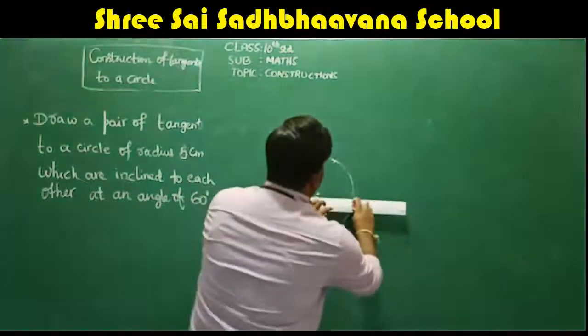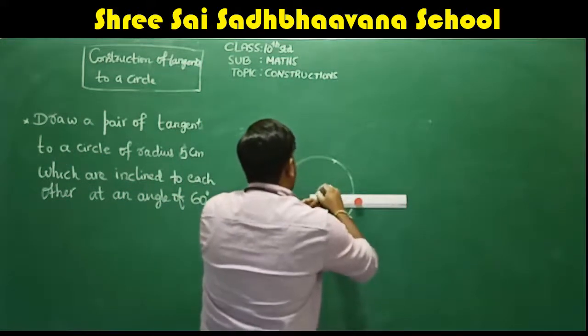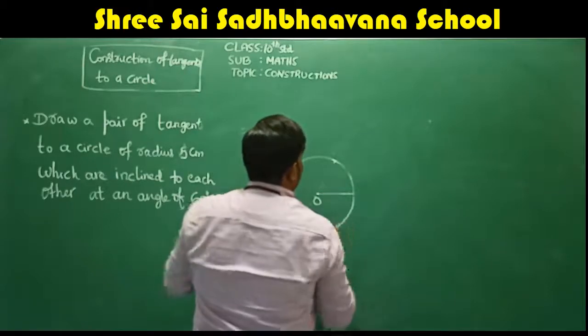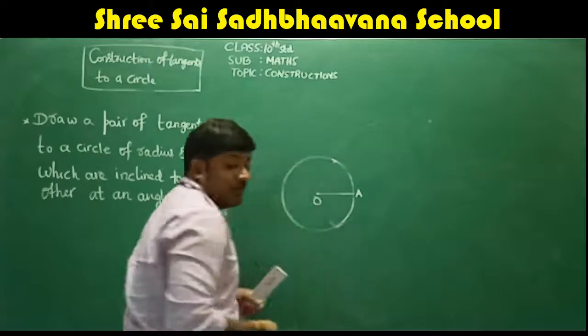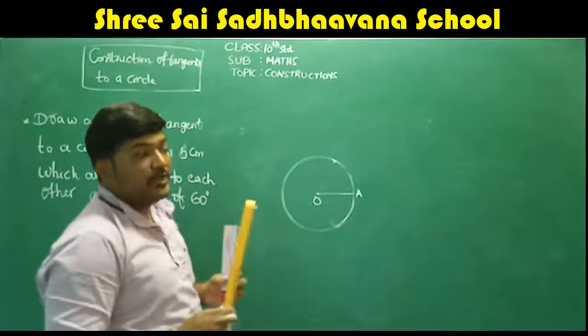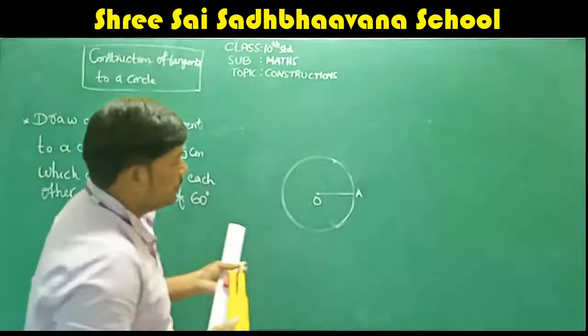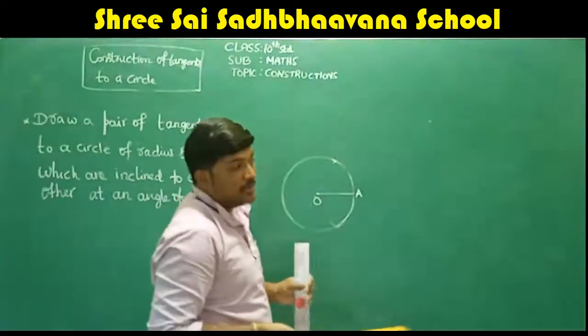So draw one line here, let me take this as OA. And here, obviously, we have to draw a 120 angle because the inclination is 60. So 180 minus 60 is obviously 120.